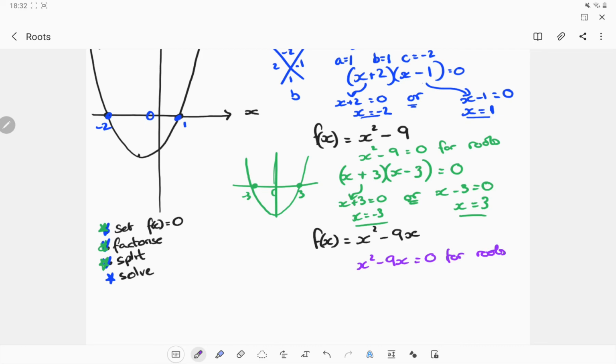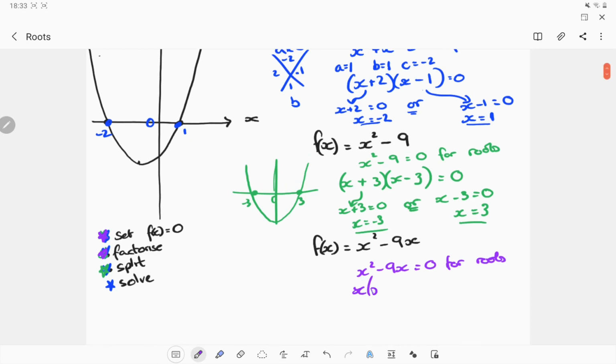We have to factorize. Do we have a highest common factor? They both have an x, so we take out an x. We need to split. Here is interesting. One of our factors is just x, so we have x equals 0.